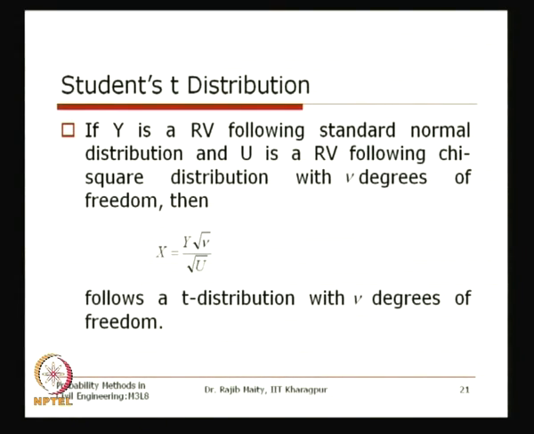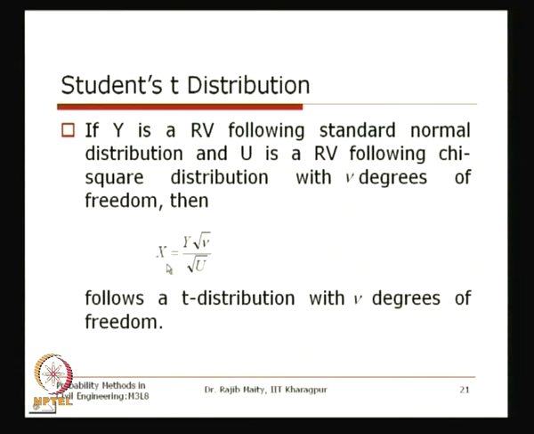The next important distribution is the student T distribution. If y is a random variable following the standard normal distribution and u is a random variable following the chi-square distribution with nu degrees of freedom, then if we get another random variable, y divided by the square root of the chi-square variable normalized by its degrees of freedom, that is u by nu whole square root, this quantity is another random variable, and it has been found to follow a student T distribution.